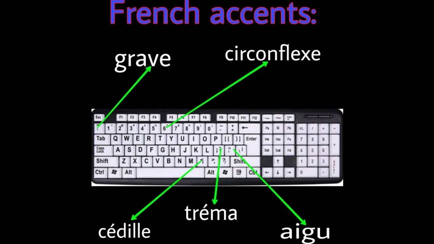We will list all these in pictures as you're seeing on the screen, so that you can easily see where the accent aigu is, the accent grave is, the Cédille is, the Circonflexe is, la Tréma, where they all are on your keyboard. Try to locate them physically on your keyboard first.